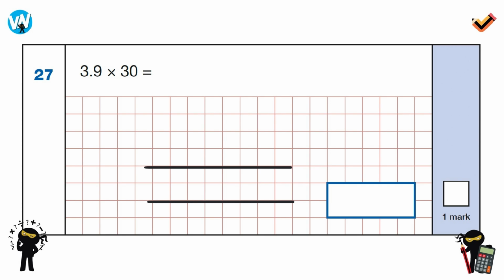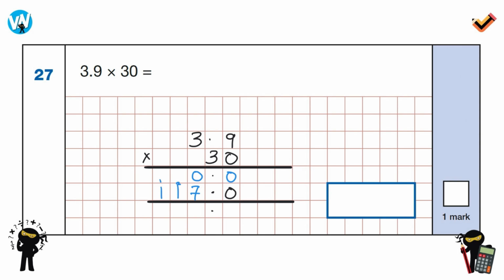So very simple, 3.9 times 30. Put our placeholder zeros in. I'm going at a little bit of speed on this one. Placeholder 0, just to show how quickly we can do it. 0 times 9 is 0. 0 times 3 is 0. 3 times 9 is 27, carry the 2. 3 times 3 is 9, add the 2 is 11.